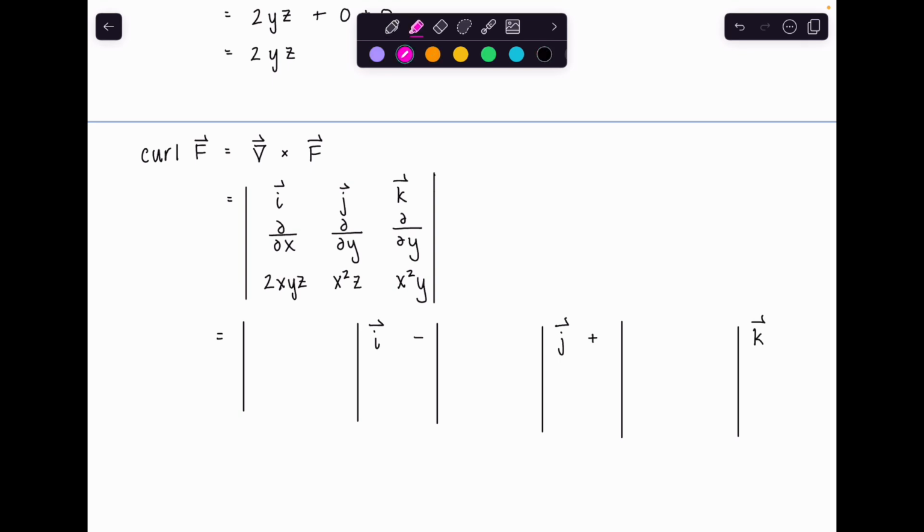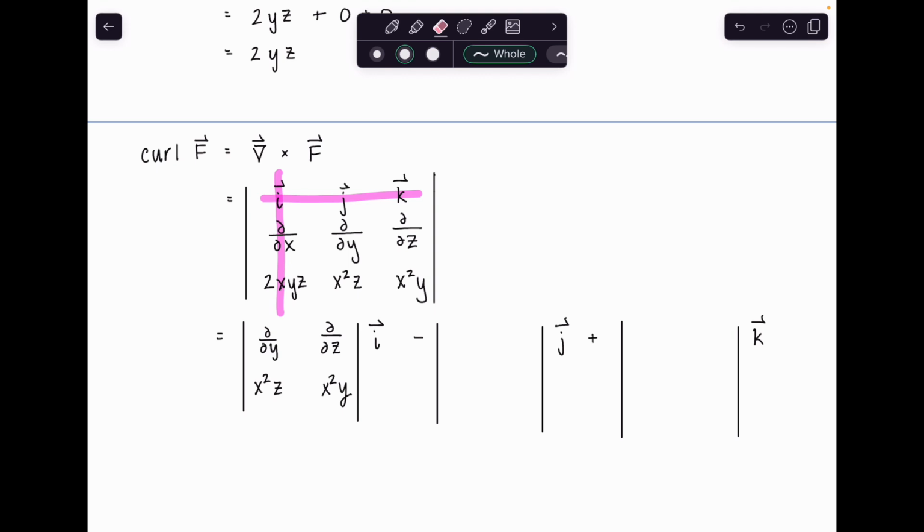So when I go to find the first one, again, I strike out everything in the first row and the first column. And what's left is the partial with respect to y. And I messed up and put y twice. That should be the partial with respect to z. And then this is x squared z, x squared y.